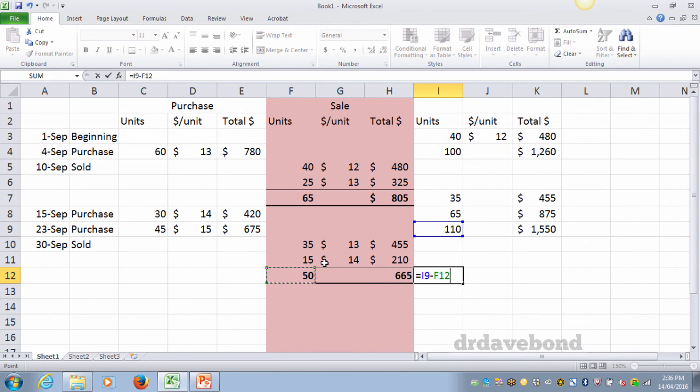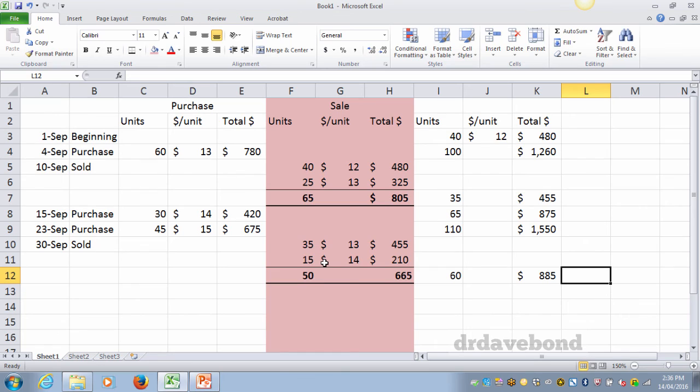Which leaves us with 60 on hand and $885 of inventory on the balance sheet, where this number here, the 665 and the 805, those are your cost of goods sold. That's what we've just worked out.